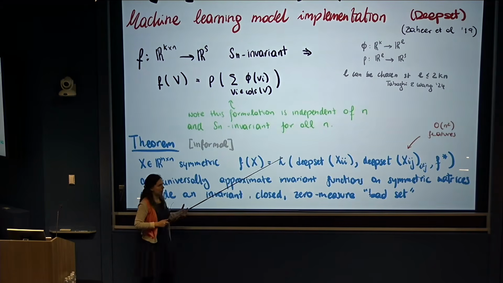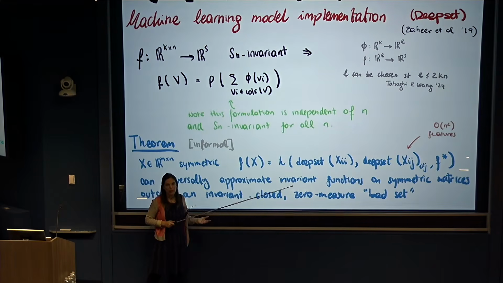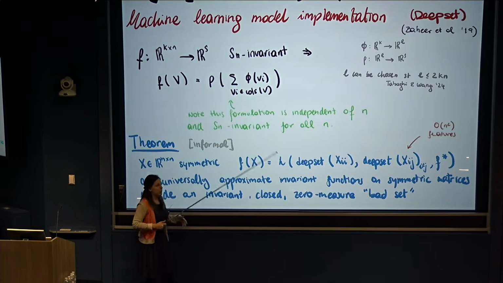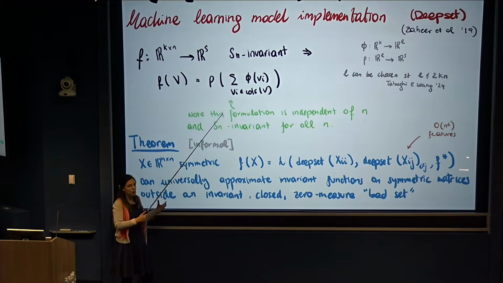This is something that you cannot do with a symmetric polynomial, because a polynomial takes n variables and outputs a function of these n variables. If you have n plus 1 variables, you don't necessarily know how to evaluate that polynomial. But with this architecture, you can write it in a way that is independent of the number of objects in your input.